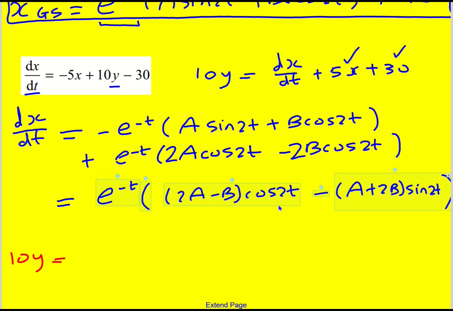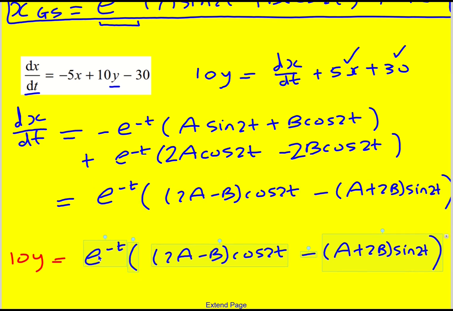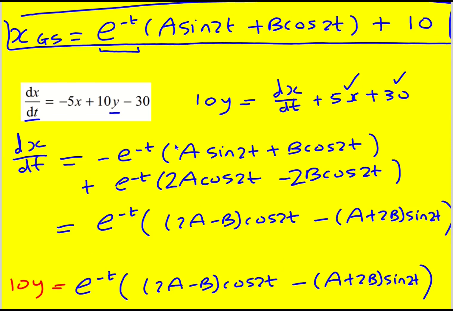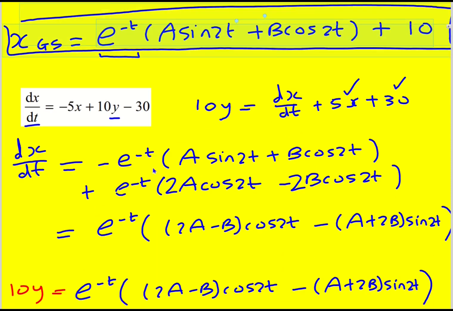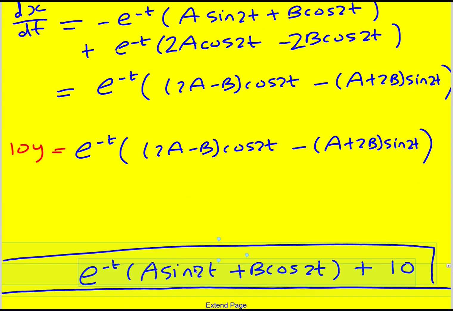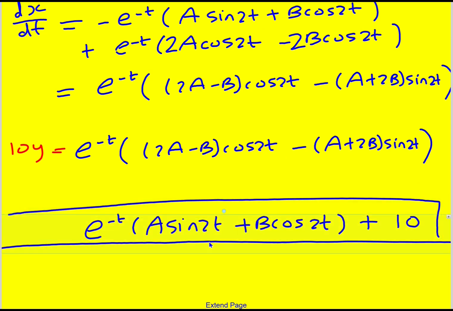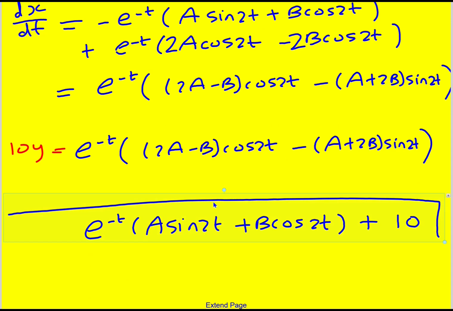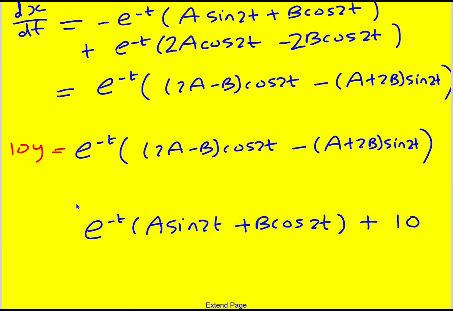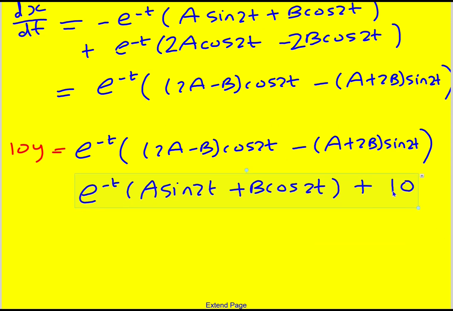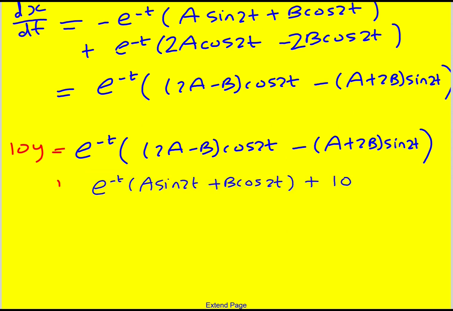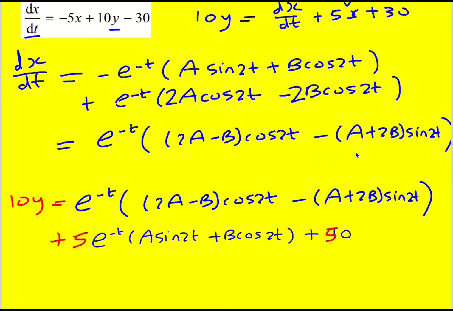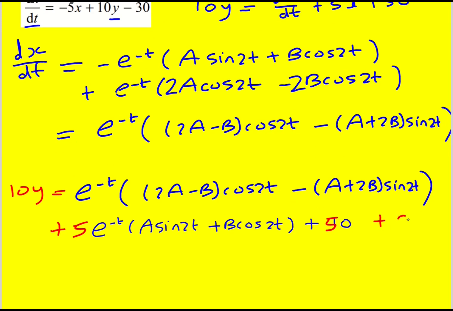I'm just going to copy and paste it actually. Plus 5 lots of this. So it's going to be plus 5 times this plus 50, and then plus 30.